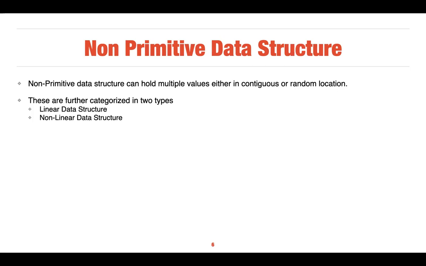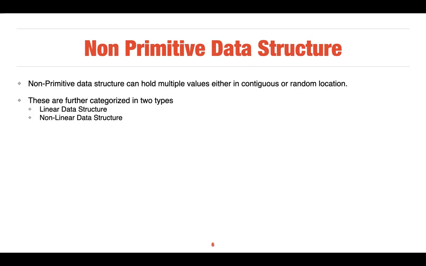So here the non-primitive data structures come into the picture, because they are data structures which can hold multiple values at the same time. Primitive data structures were able to hold only a single value, while these can hold multiple values, and store them either in contiguous memory locations or random memory locations.